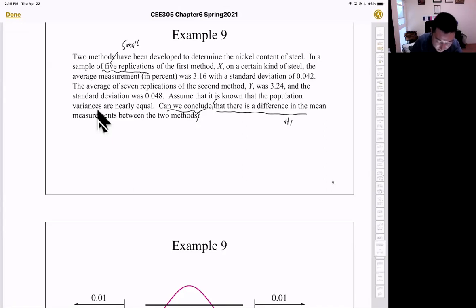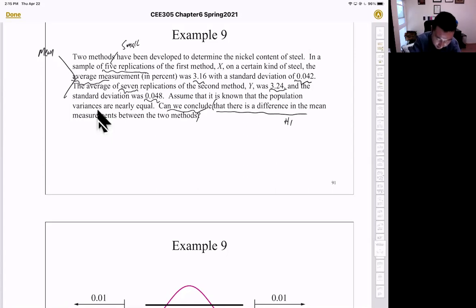on a certain type of steel, the average measurement, so that is the mean value, and the standard deviation of this. Another 7 samples for the second method, another mean and another standard deviation. So this is the hypothesis test for small samples for the difference between two means.